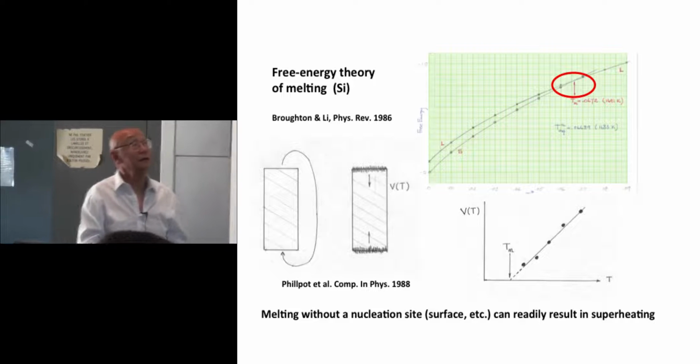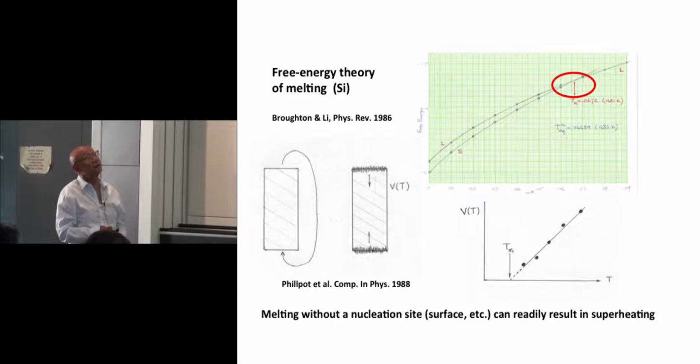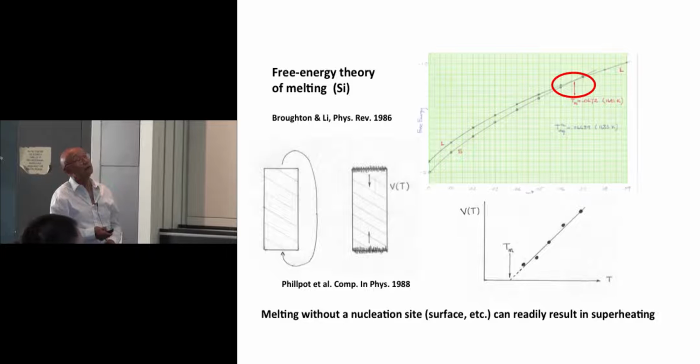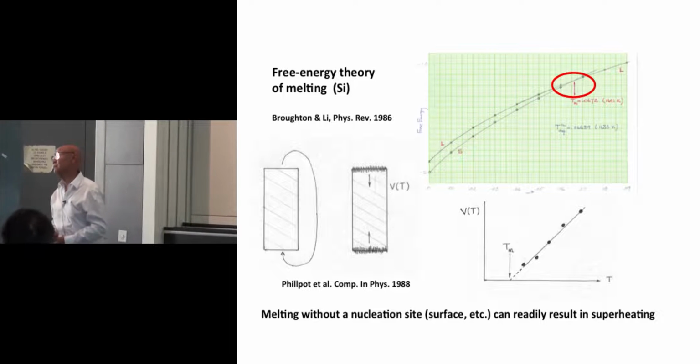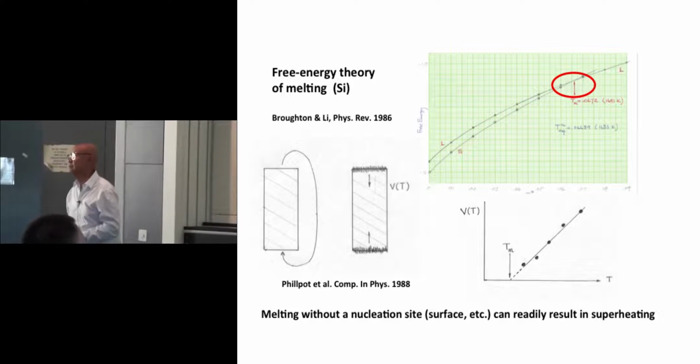Okay, and this is somewhat surprising. We think it's a coincidence. The predicted free energy calculation using this Stillinger-Weber potential is within 30 degrees of the actual experimental melting point. That was too good to be true, so it's got to be a coincidence.